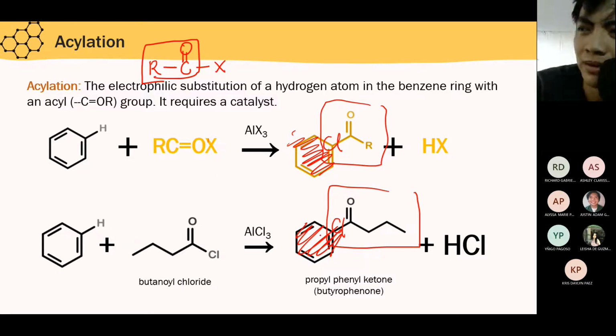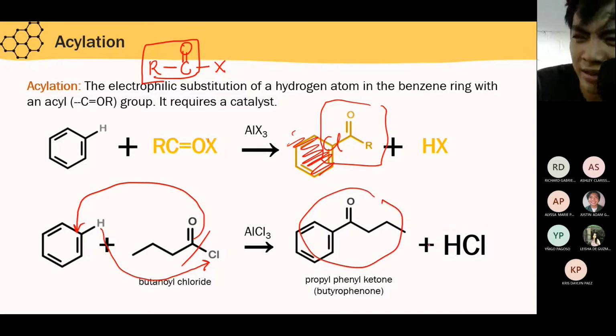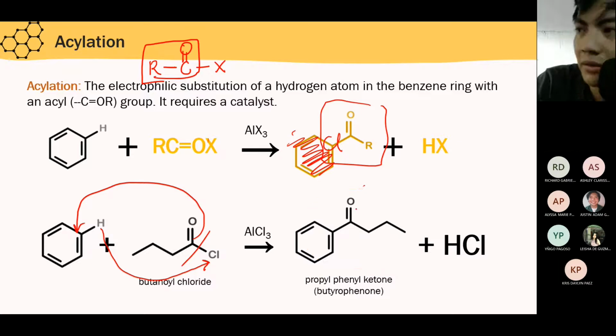Okay? So, ganun lang. So, ano mangyayari dito? Etong carbon na to, kakabit yan dito. Yung hydrogen, kakabit siya sa Cl. So that you will produce this thing and hydrochloric acid. Okay? So, ganun lang.